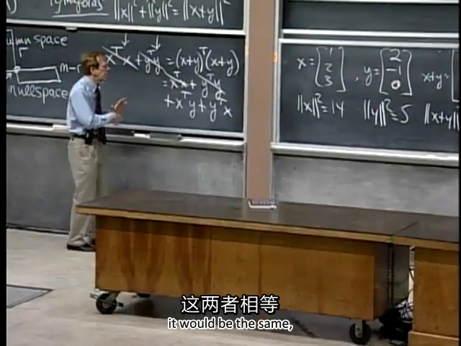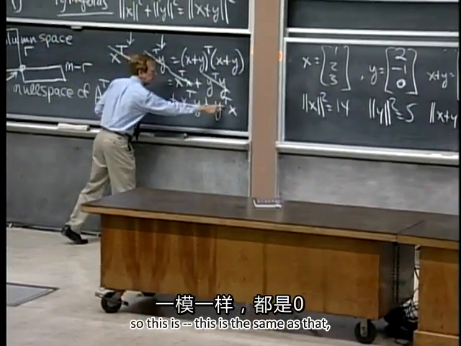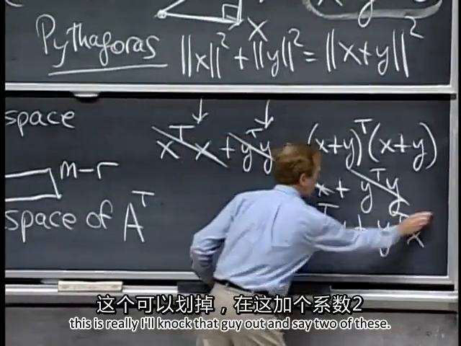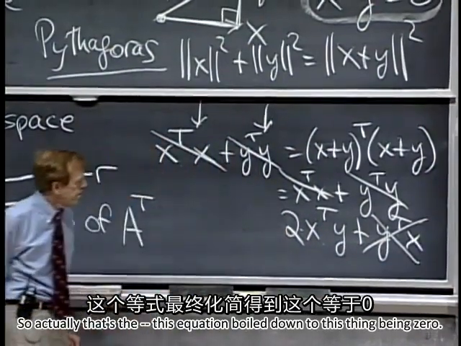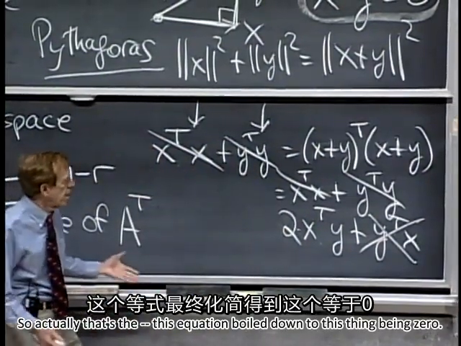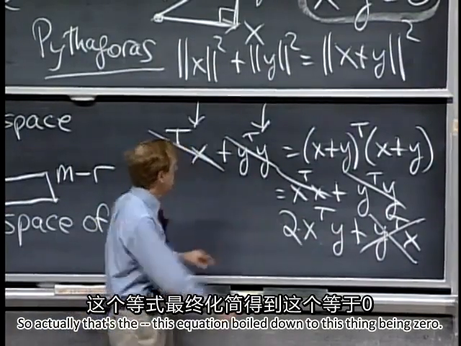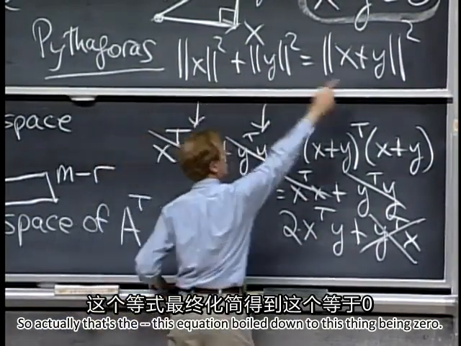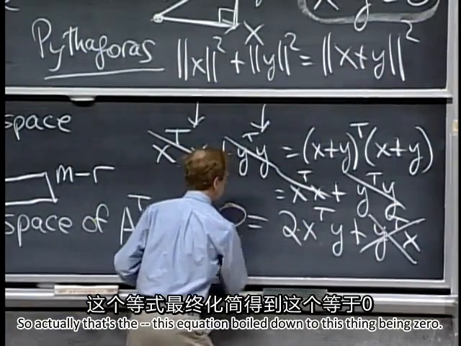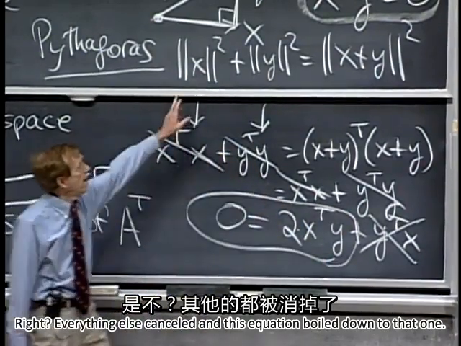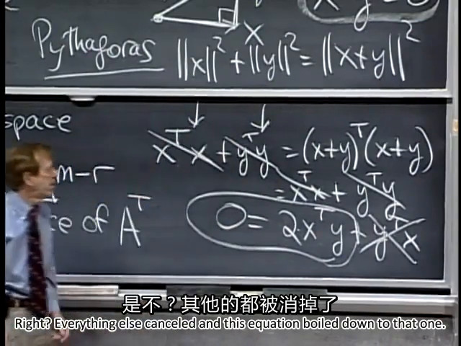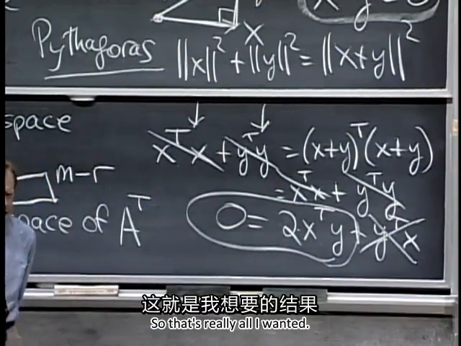It would be the same. So this is the same as that, and I'll say 2 of these. So actually, this equation boiled down to this thing being 0, right? Everything else canceled, and this equation boiled down to that one. So that's really all I wanted.